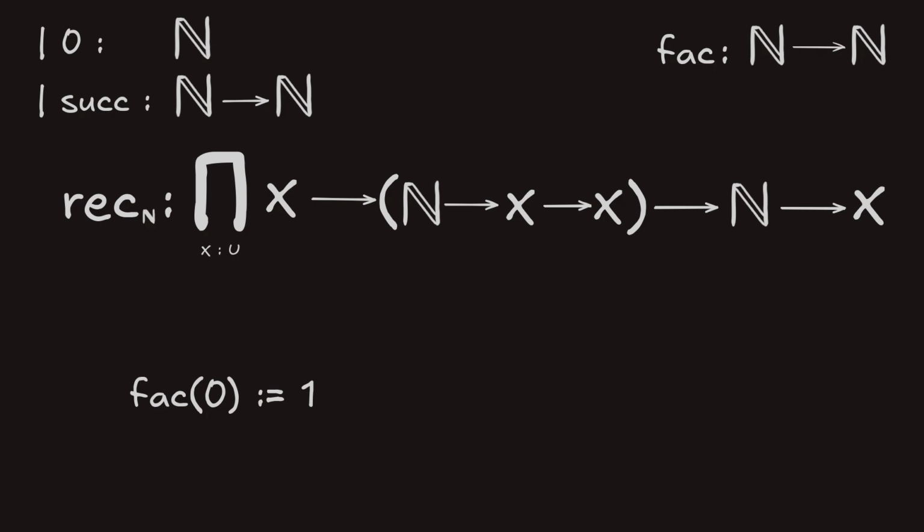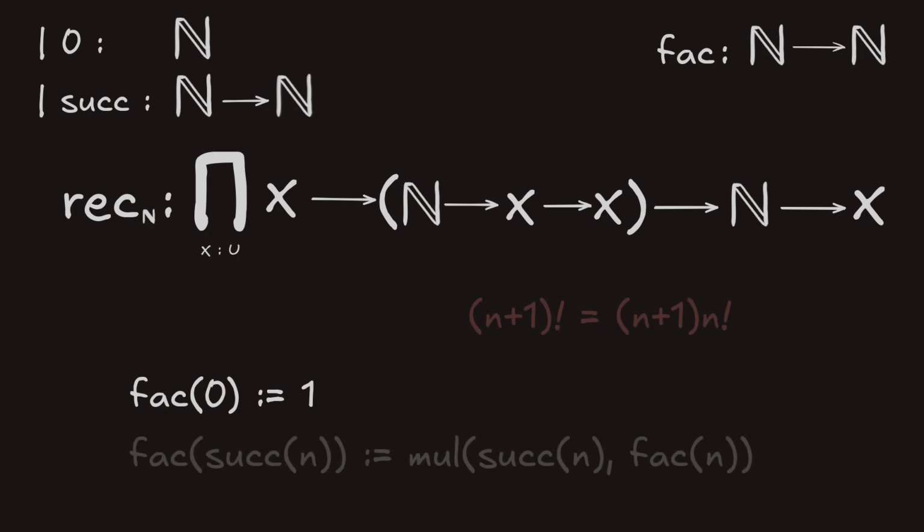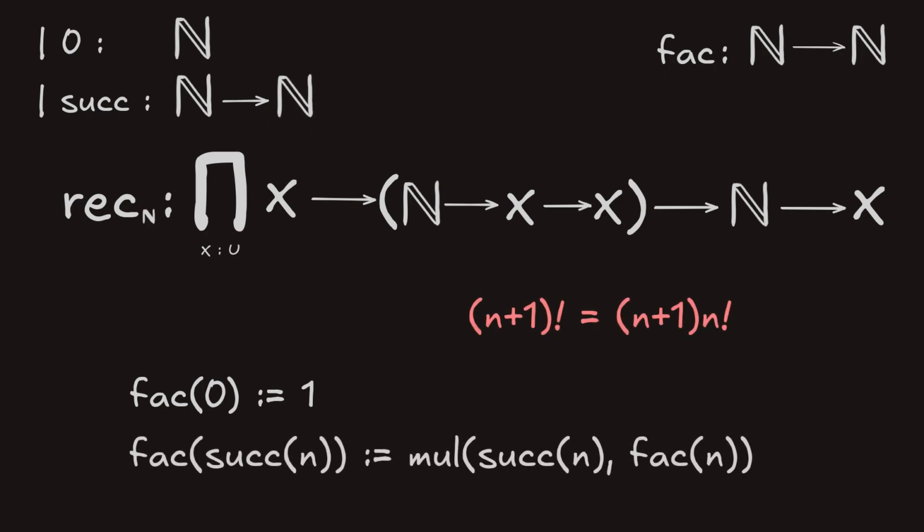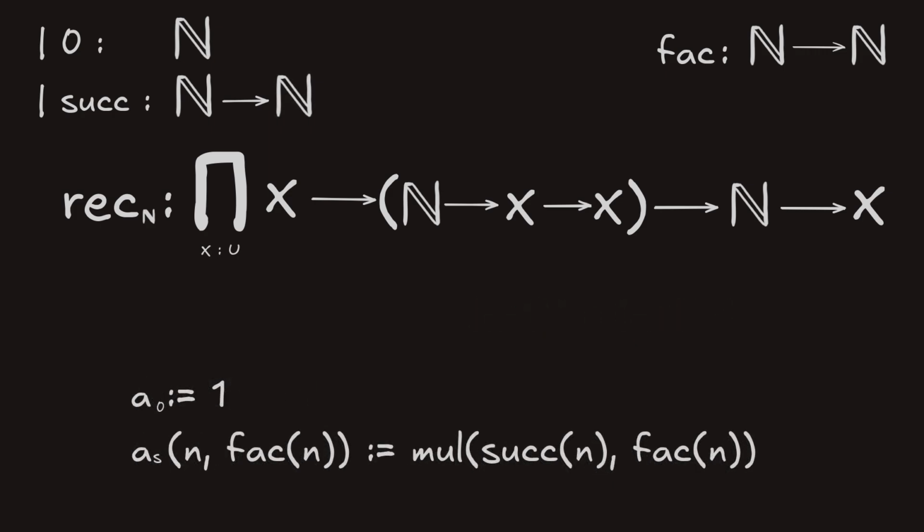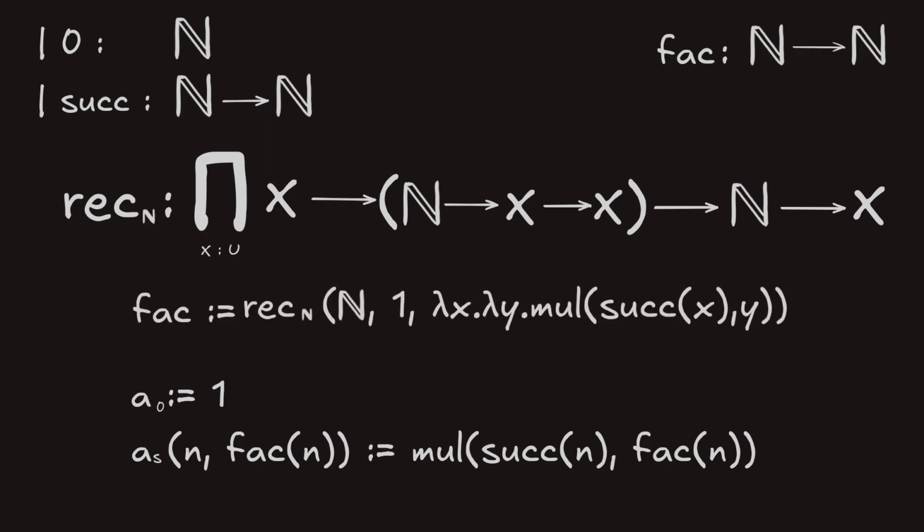And secondly, note that n plus 1 factorial is equal to n plus 1 multiplied by n factorial. This allows us to define a0 and as, which in turn allows us to define factorial using the recursor.